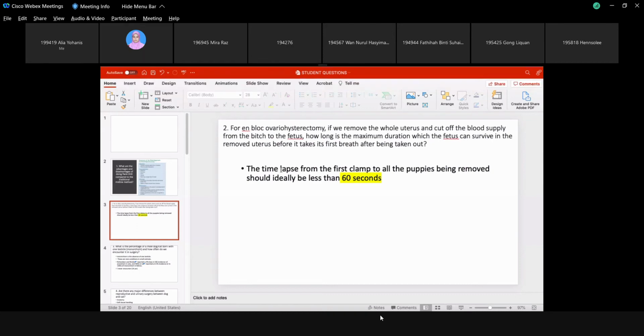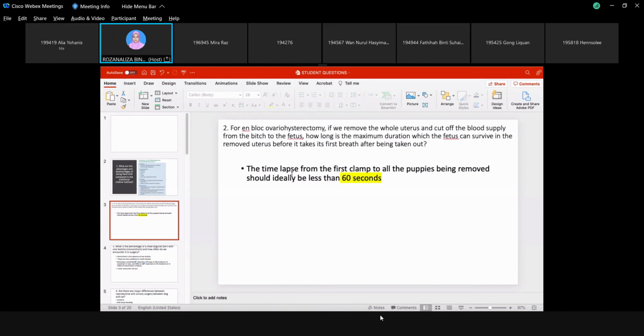Is this from the experience of the surgeon, or a general point of view? I think there is no standard research or review of how long, but according to general acceptance, the time from the first clamp to all the puppies being removed from the uterus is basically 60 seconds. So it's very short. 60 seconds means 1 minute, guys.